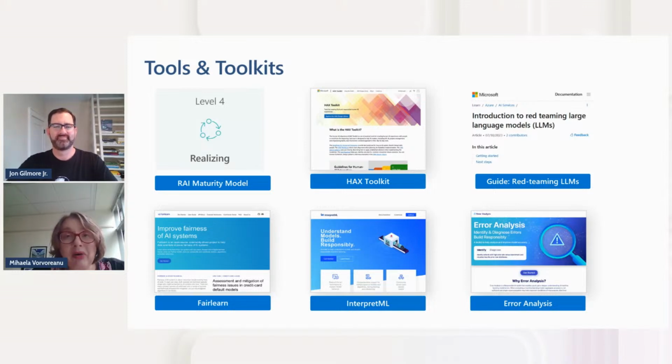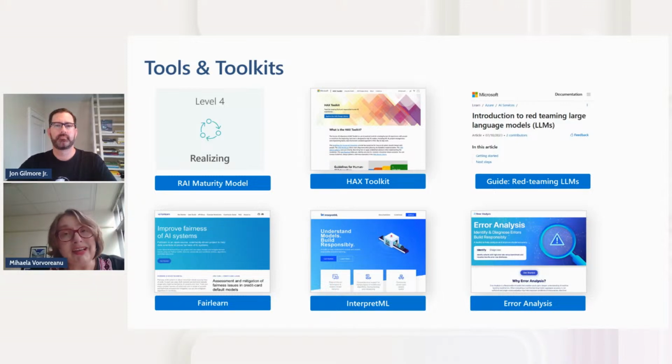The ones at the bottom are for people who build and train machine learning models, and they help you work on fairness, interpretability, reliability, and safety. These tools and more are available open source in the Responsible AI Toolbox, and they are also available to Azure subscribers in Azure ML. But I will be talking a little bit about the Responsible AI Maturity Model.